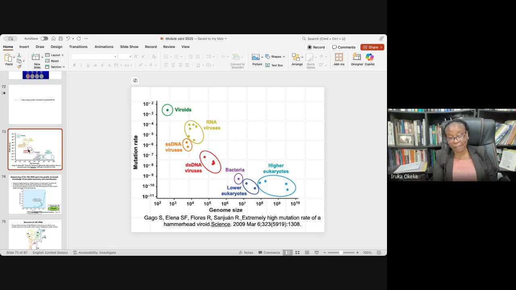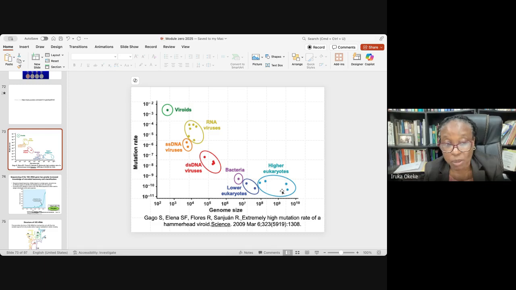Okay? Now, if you look at organisms across the tree of life, multicellular organisms have the lowest mutation rates. They actually have more repair systems. I don't like the slide because it refers to some things as higher eukaryotes. Believe it or not, there's nothing like higher and lower. Everything is an organism. But anyway, eukaryotes and multicellular organisms in particular tend to have very low mutation rates.